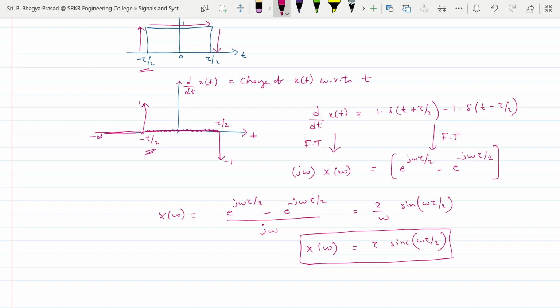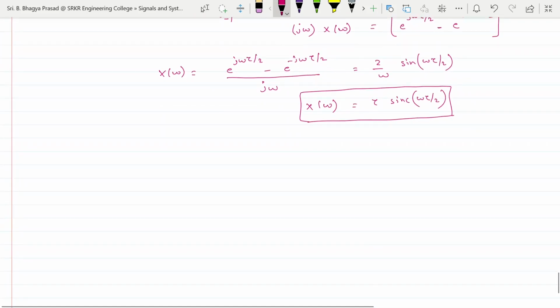So let me solve another one, the pulses at two positions.